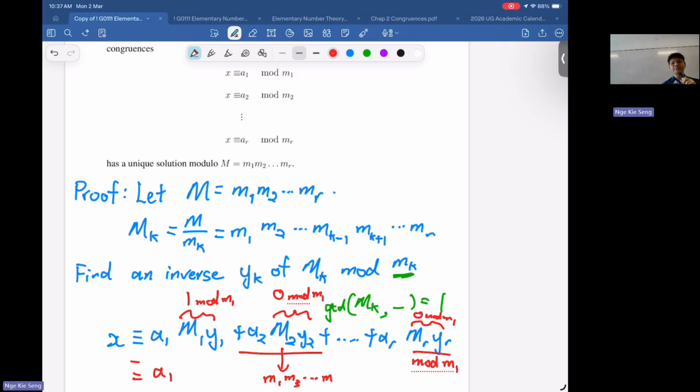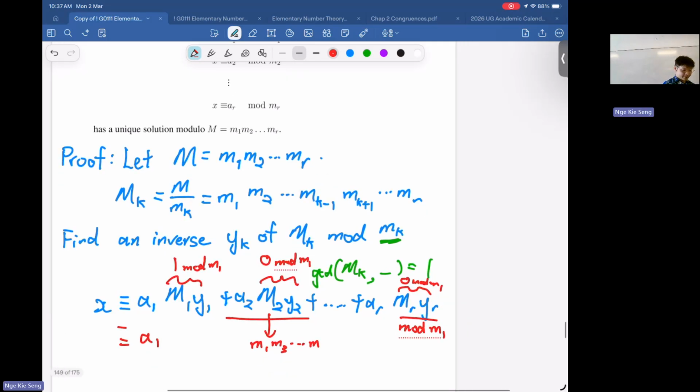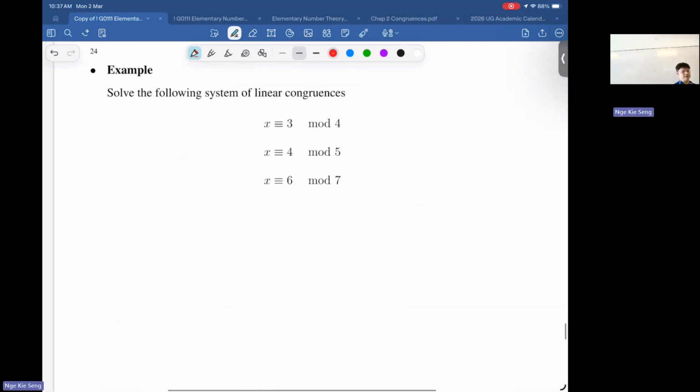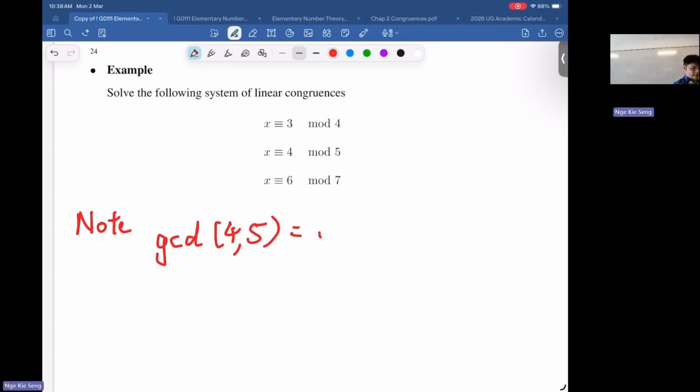Okay, should we try an example? Let's try an example. Solve this system of linear congruences. For this Chinese remainder theorem to work, we need to make sure that these moduli are pairwise relatively prime. So you need to check the GCD of 4 and 5, the GCD of 4 and 7, and the GCD of 5 and 7.